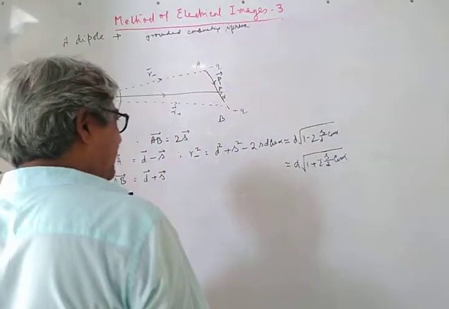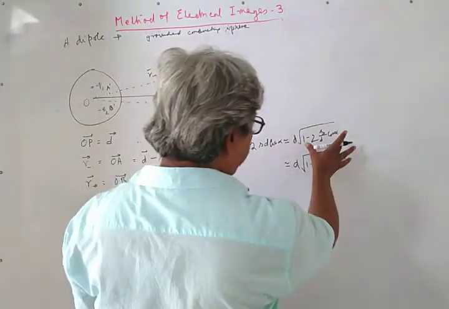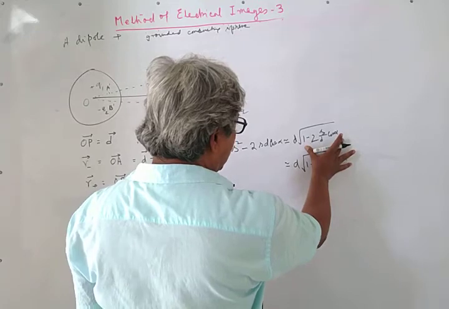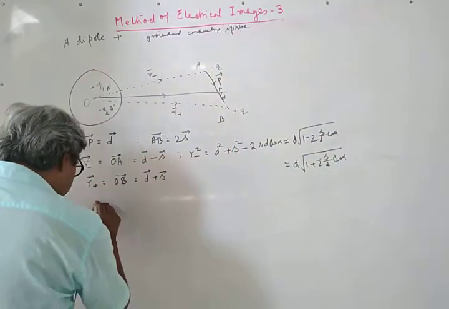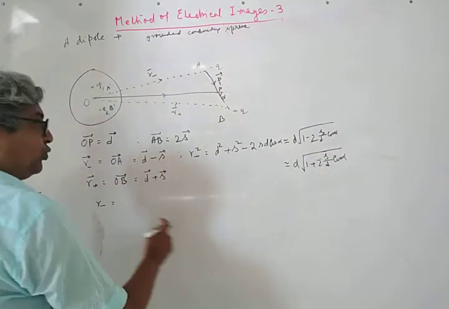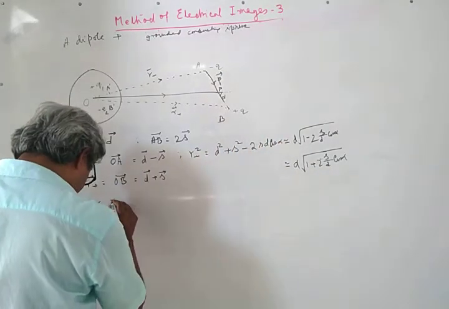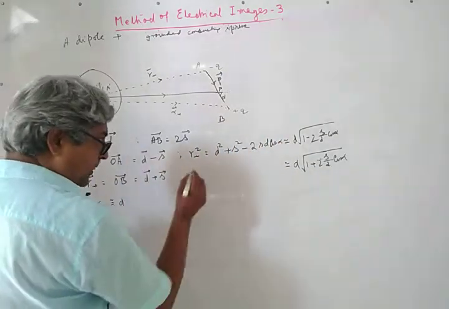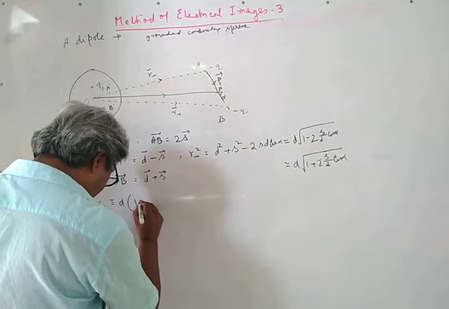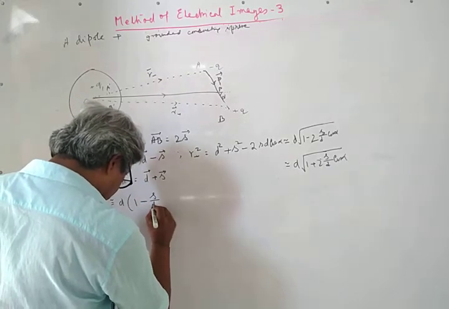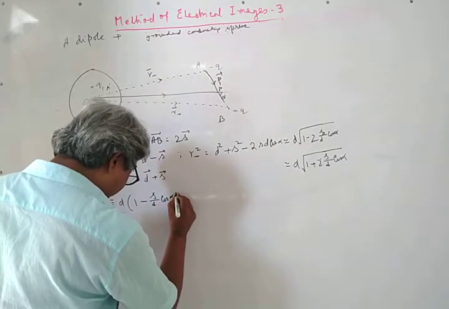We can make a further assumption that we can expand it in binomial series, and we write that R minus is equal to D, and this is 1 minus S/D cos alpha.